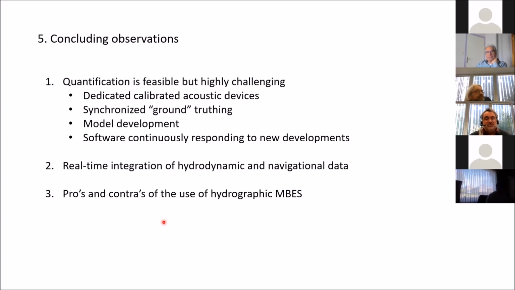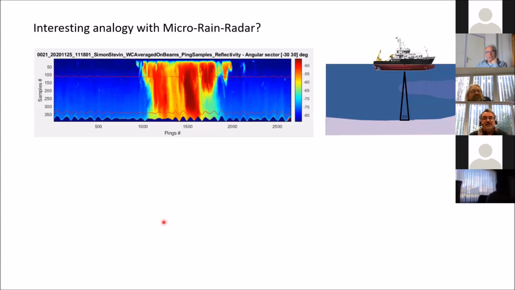I will conclude this talk with an interesting analogy with a micro rain radar. You see first this now classical image of a plume caught by a hydrographic multibeam system.